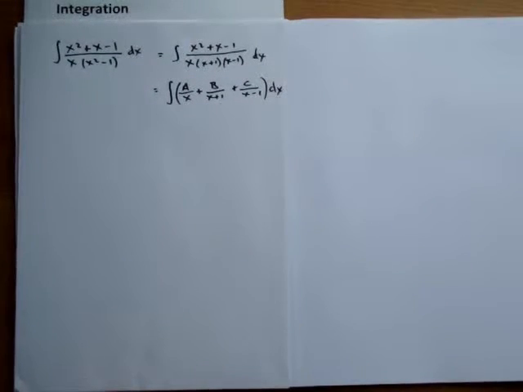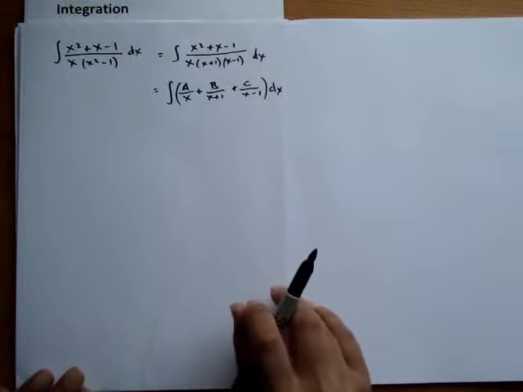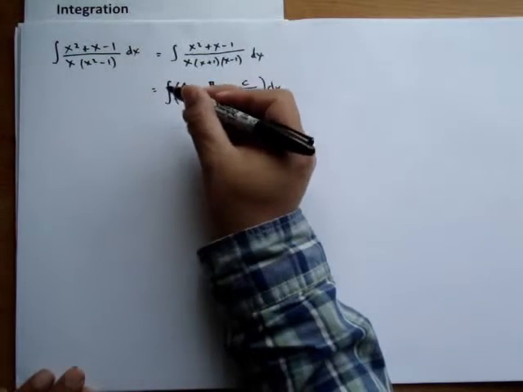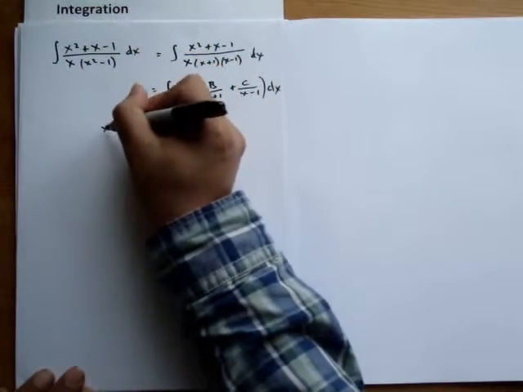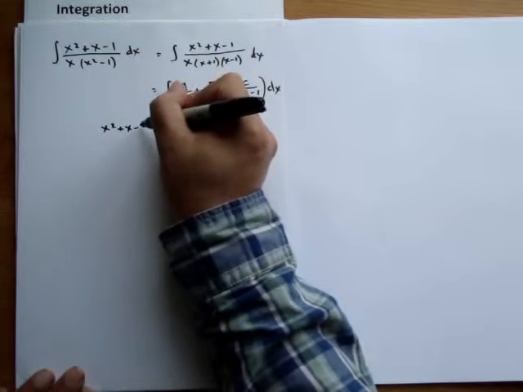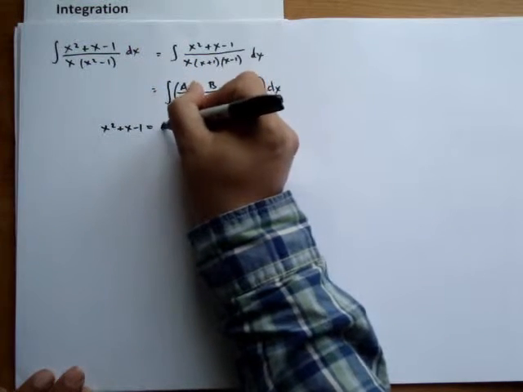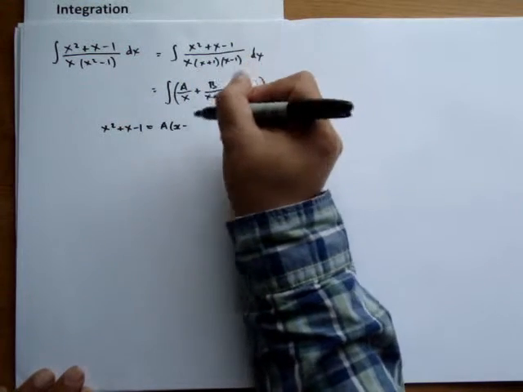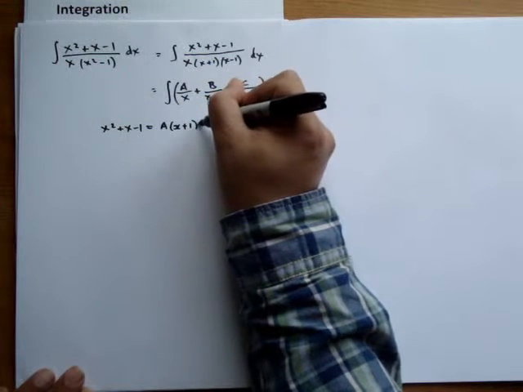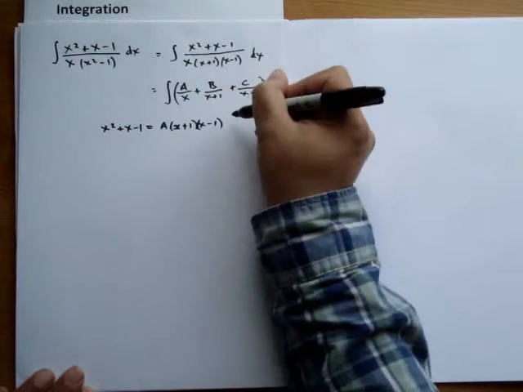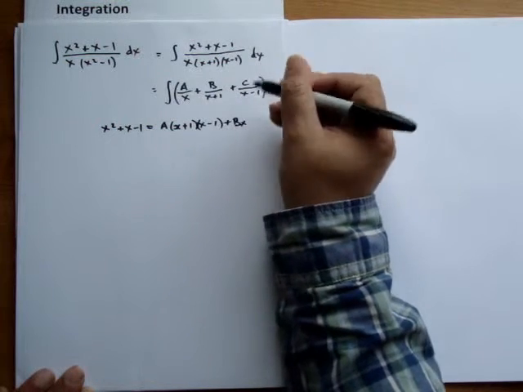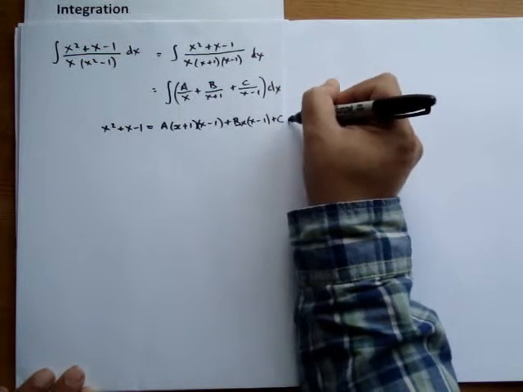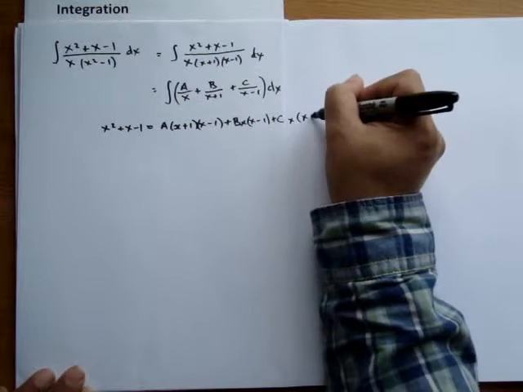Then, after getting common denominators, adding the fractions and equating the numerators, we get the numerator x squared plus x minus 1 equals a(x plus 1)(x minus 1) plus bx(x minus 1) plus cx(x plus 1).